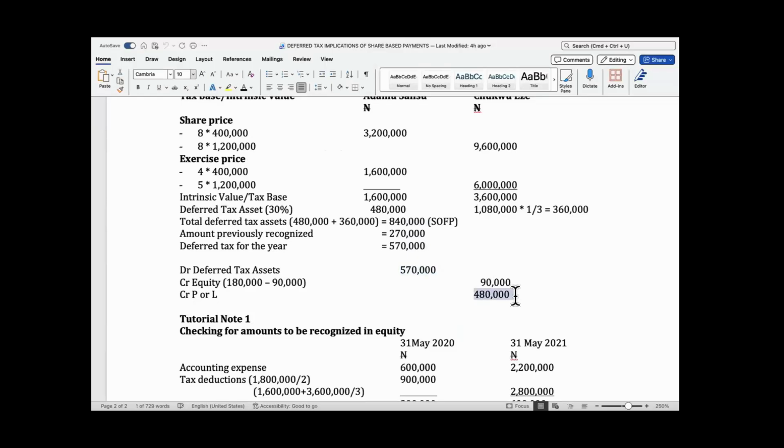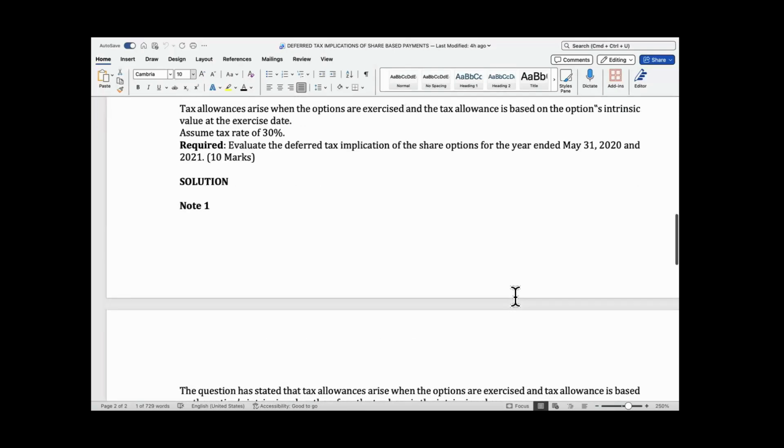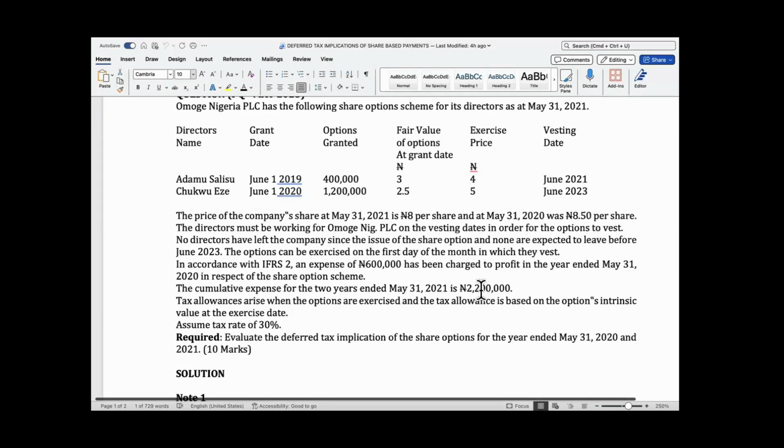What goes to your P&L for the year? You need to know how much was recognized as expense. Cumulatively, they recognized 2.2 as expense. Anyway, if I want to know the expense recognized for that year exactly, since this is cumulative and they have recognized 600 in year 1, how much expense was recognized in year 2?